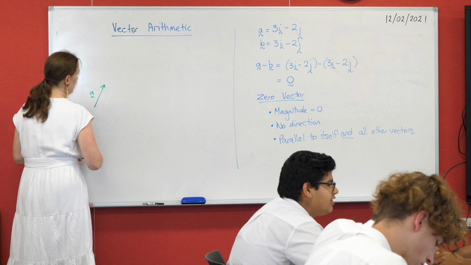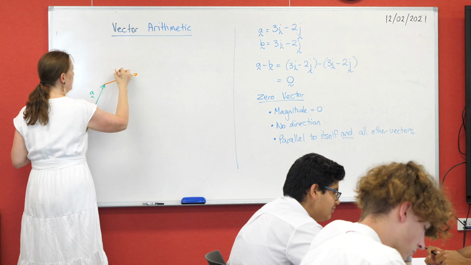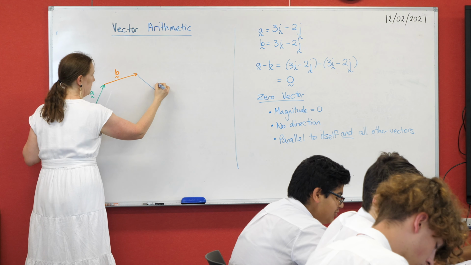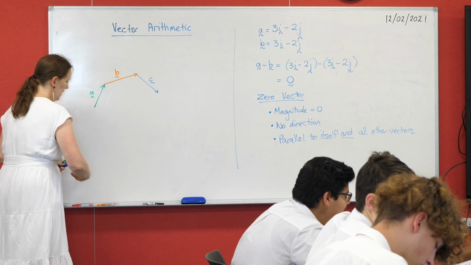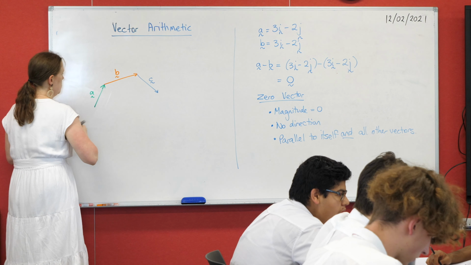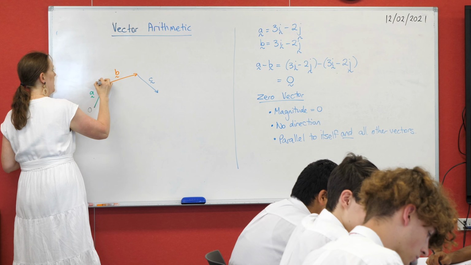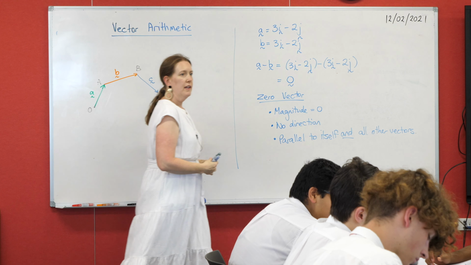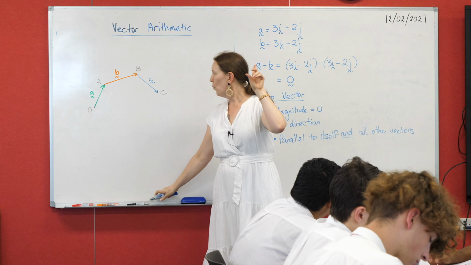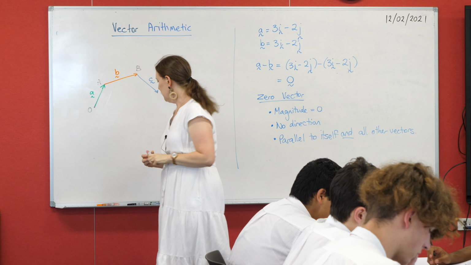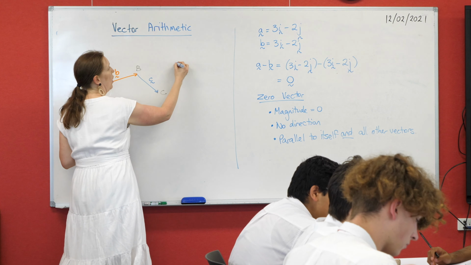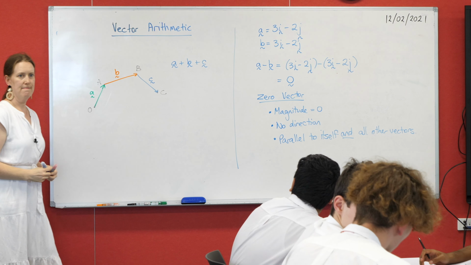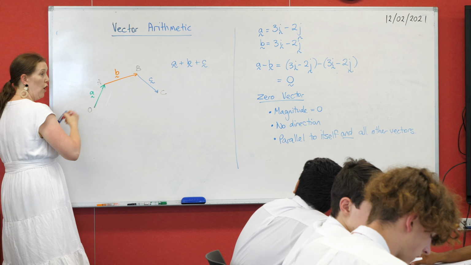A, B, and C. Let's call this O, A, B, C. Can you tell me one vector that would be the resultant of vector A plus vector B plus vector C? It would be OC.